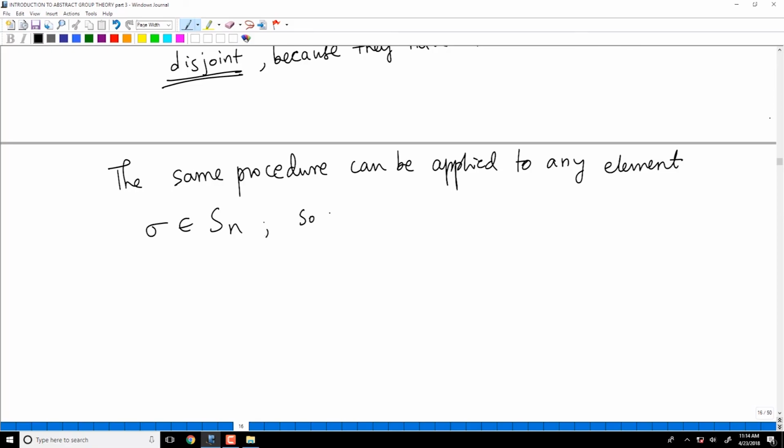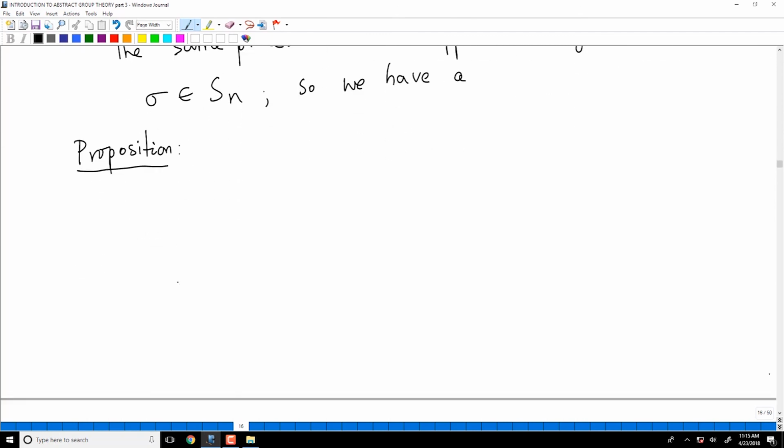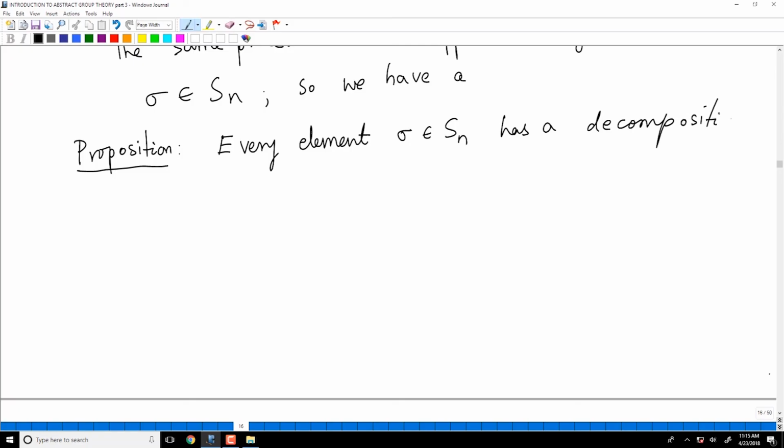So we can conclude a proposition. Every element sigma in a symmetric group has a decomposition as a product of disjoint cycles.